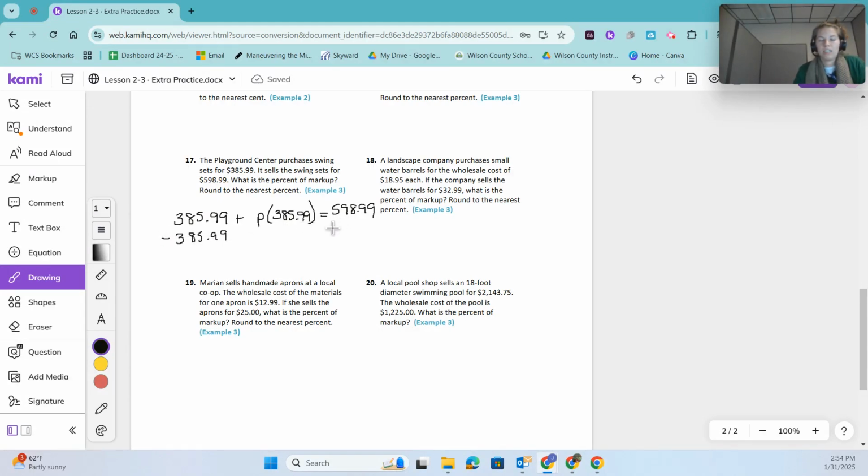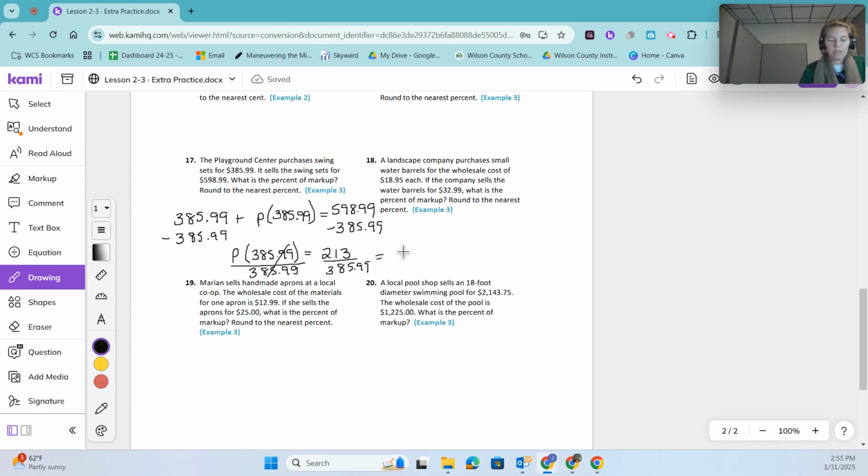from both sides, and I'm going to get the percent as a decimal times that 385.99 is going to equal $213. So $213 is the amount that they marked up. Now I need to divide that by 385.99 to figure out what that percent was as a decimal.